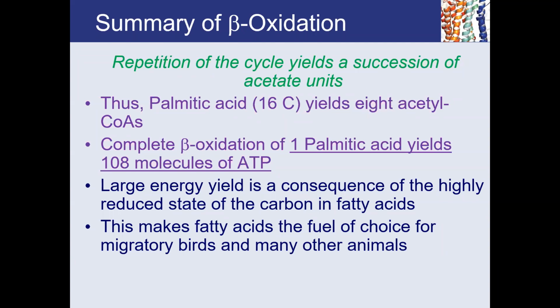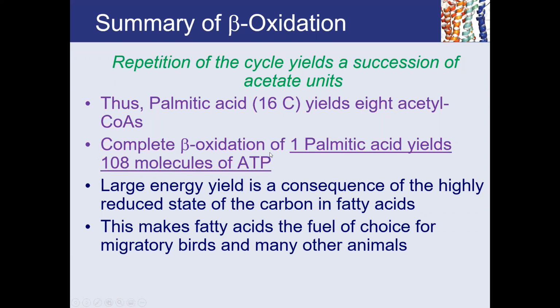It turns out that if you actually did some accounting, you will see that complete beta oxidation of one molecule of fatty acid, here in this case a 16 carbon saturated fatty acid, will yield about 108 molecules of ATP.